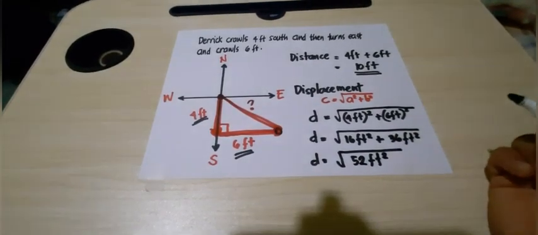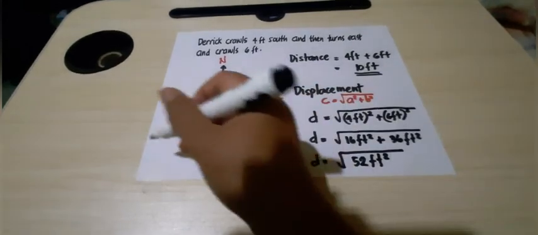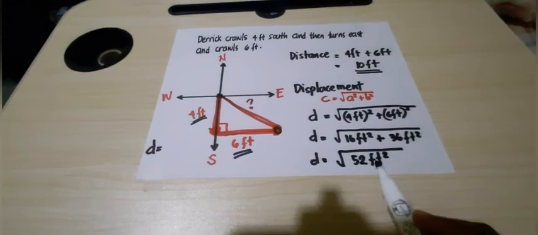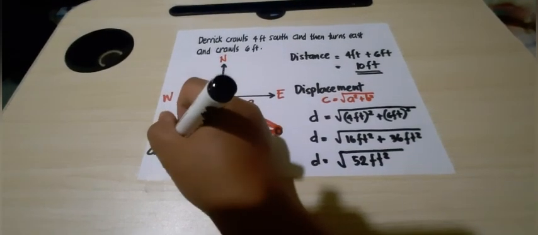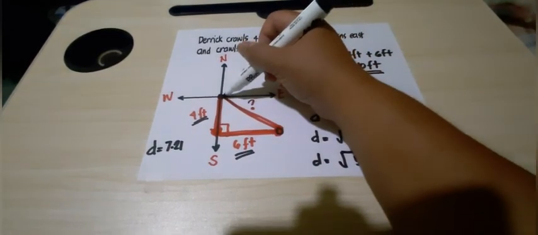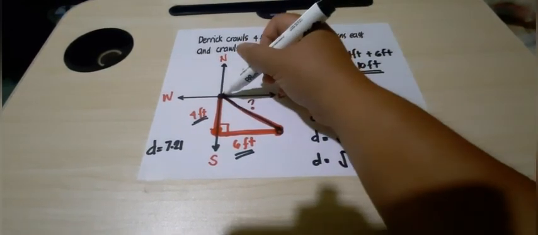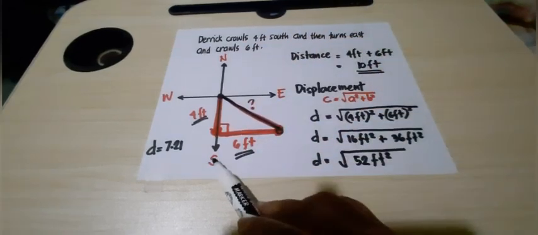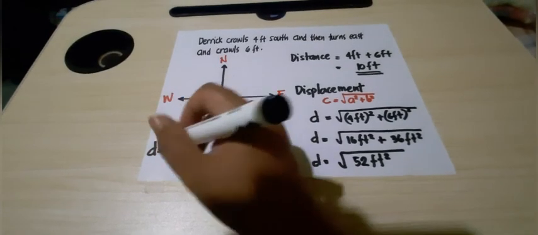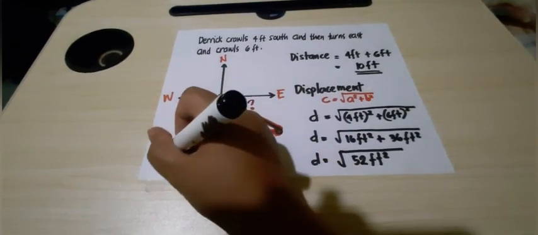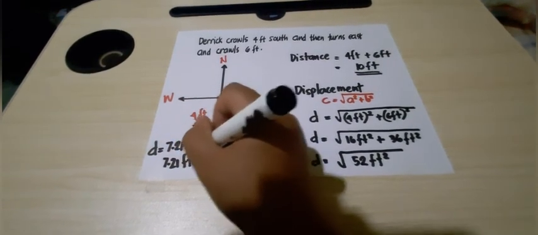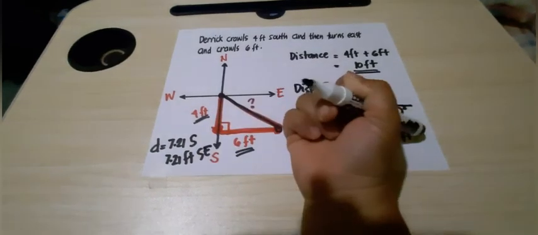Our displacement is equal to the square root of 52, which is 7.21. Now, where is the direction? It is toward this side, so this is southeast. So we put 7.21 feet southeast.